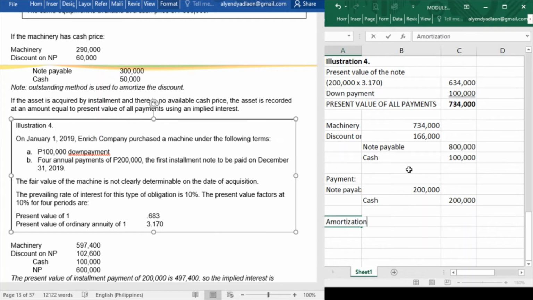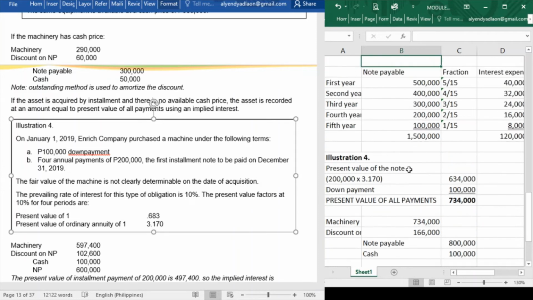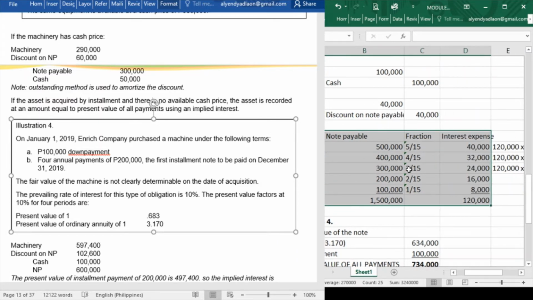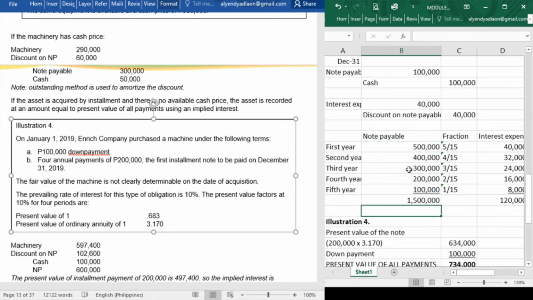Now how about the entry on the amortization? If you remember, in our illustration 3, the amortization is a debit to interest expense and credit to discount on note payable. This time, class, we are not going to allocate the discount based on our outstanding balance, just like what we did in our previous example, because this is a different case.